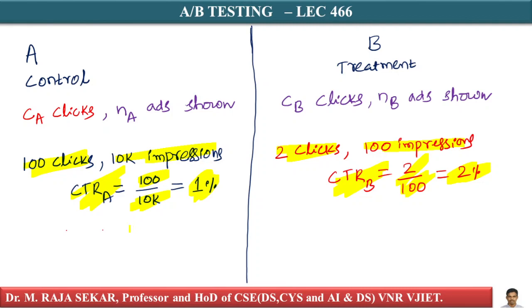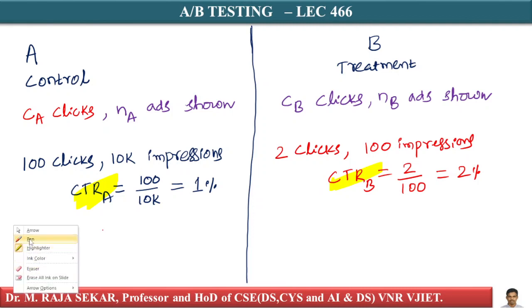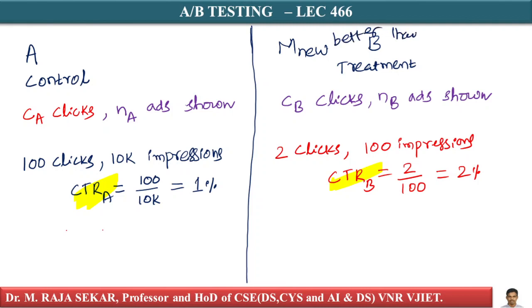Now, if I compare CTR of A with CTR of B, I might conclude that my new model, MNew, is better than my old model.